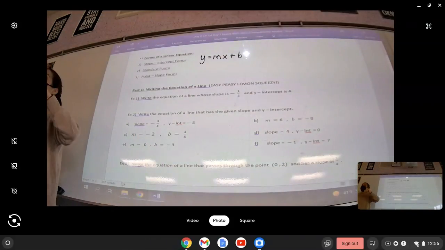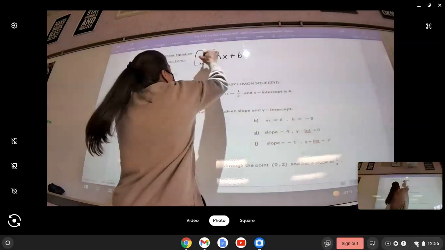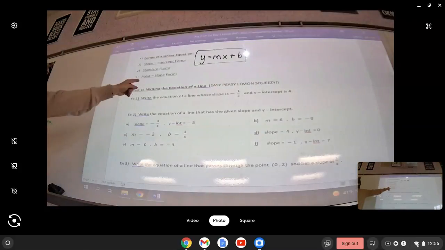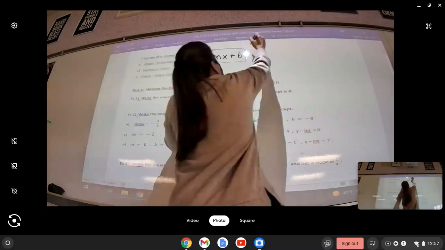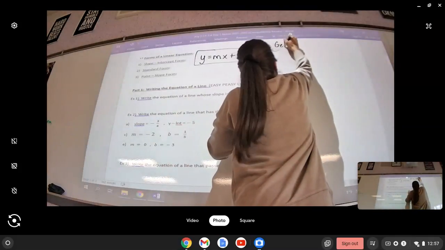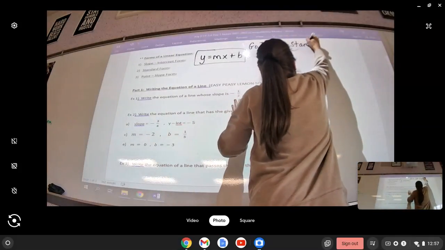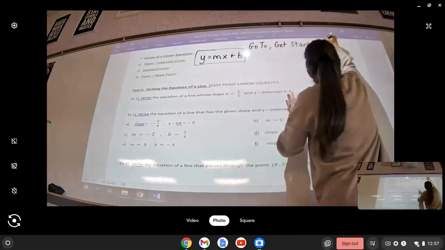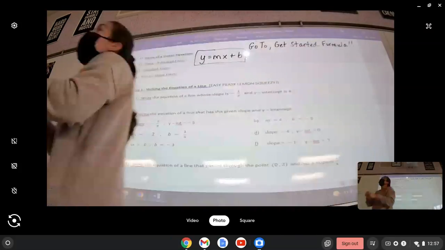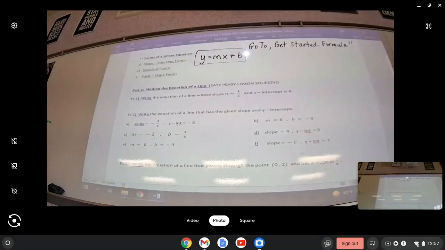I asked you to put a box around it, or circle it, or star it, but I want you guys to know that when you go to write the equation of a line, that'll always be your go-to get started formula. Okay. And it's good because I know you all have it memorized. So it's nice and easy and you always know what formula to start with.